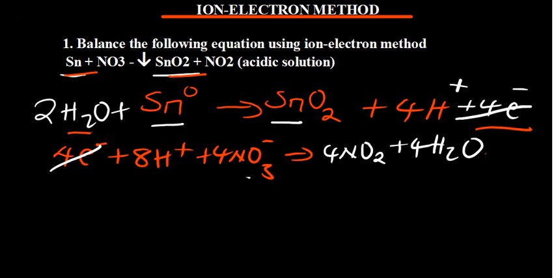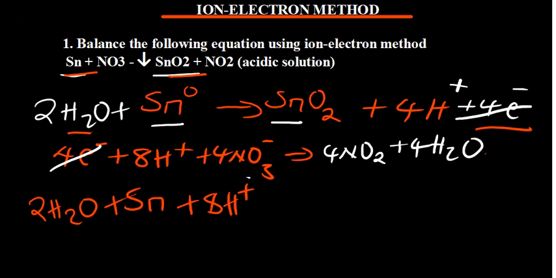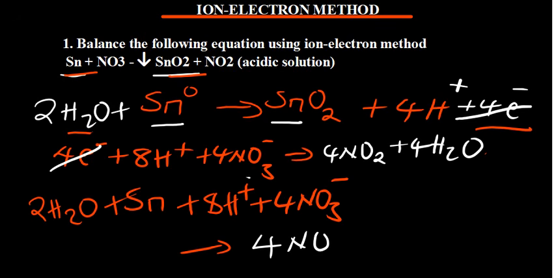So I'll start with 2 water molecules from the first half reaction plus Sn plus 8H plus 4NO3. So that is what we have. Then on the product side, we have 4 nitrogen dioxide plus 4 water molecules. Okay, so this is what we have.